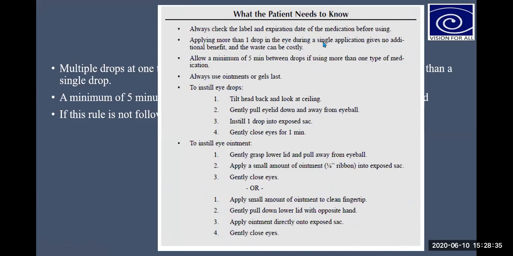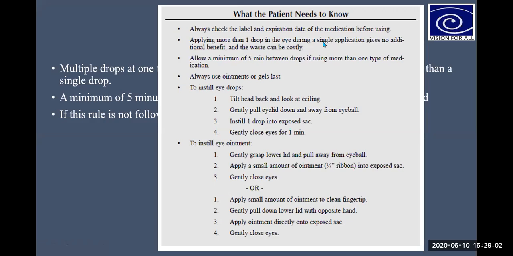Second, applying more than one drop in the eye during a single application gives no additional benefit, and there will be a waste of drops, which may be costly. Third, allow a minimum of 5 minutes between drops if using more than one type of medication. Fourth, always use ointment or gel last.